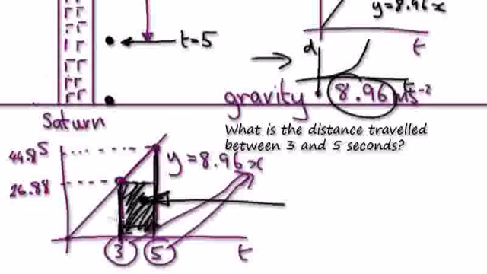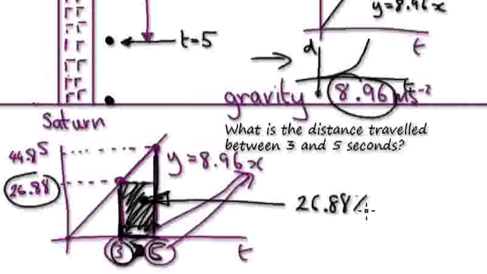So this area here would be the height here, and then we are going to times the width here. The width is 2, because 3 is here, 5 is here, so the width is 2. So the area of the rectangle is 26.88 times 2.